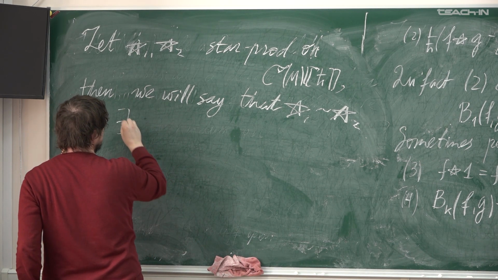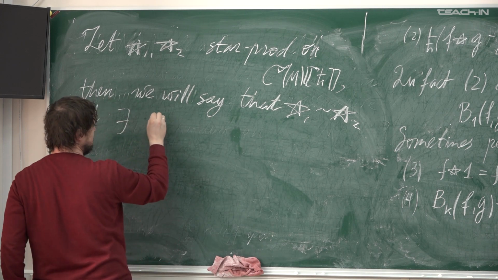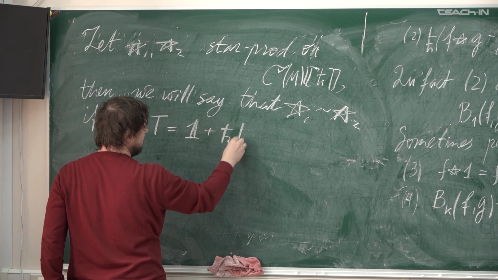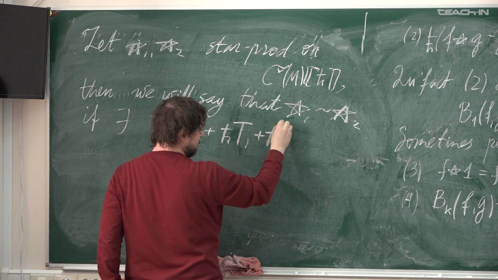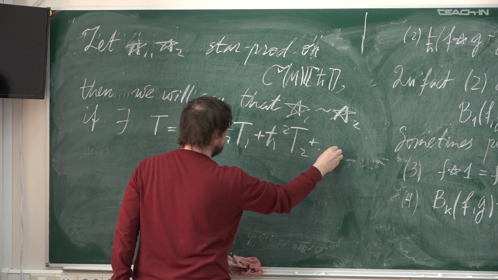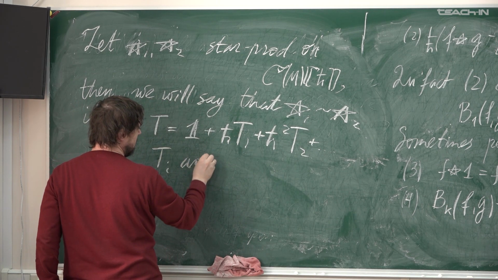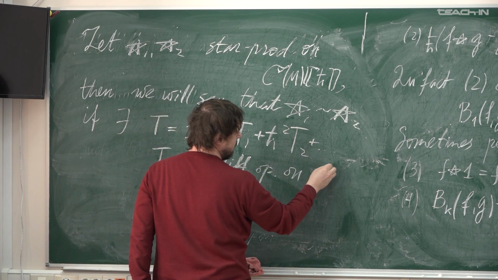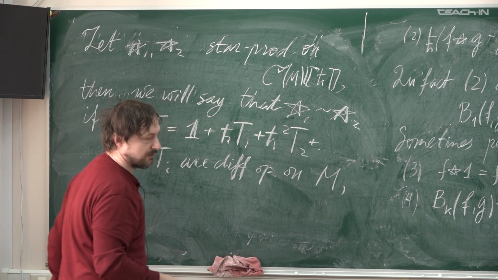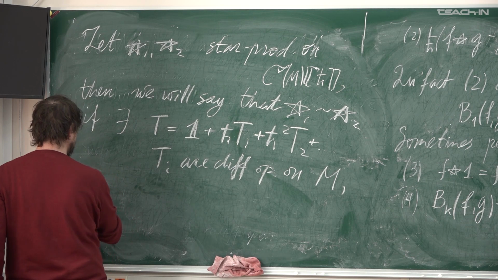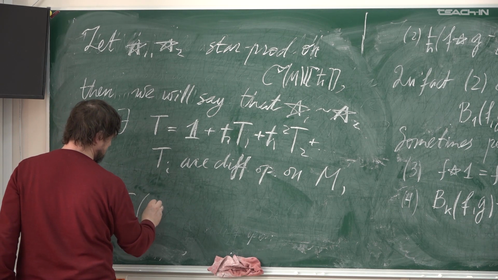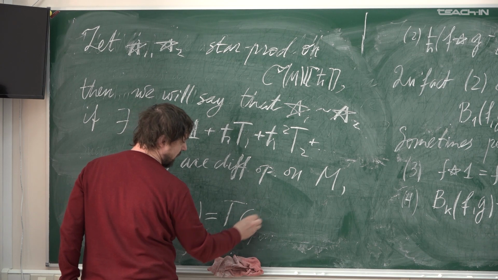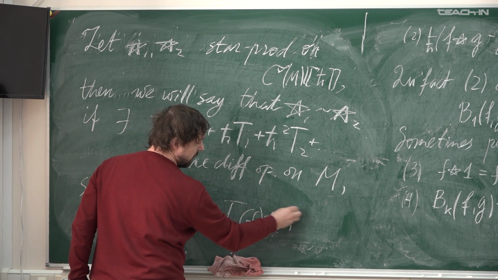there exists a formal power series of differential operators, beginning with the identity operator, but then we'll have h bar times T1 plus h bar squared times T2 and so on, where the T_i are differential operators on M in the usual sense, not polydifferential, such that T of (f star 1 g) is equal to T of f star 2 T of g.